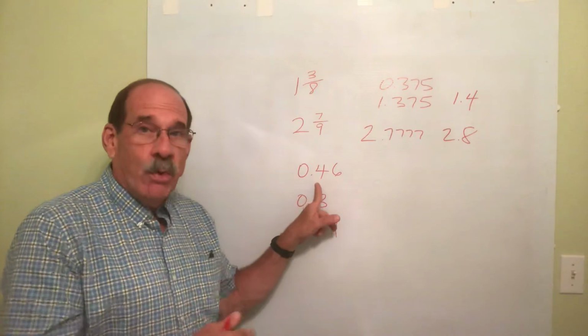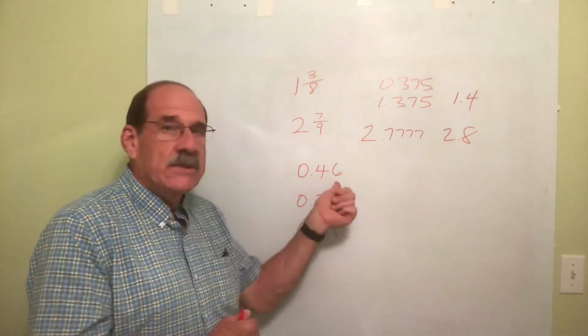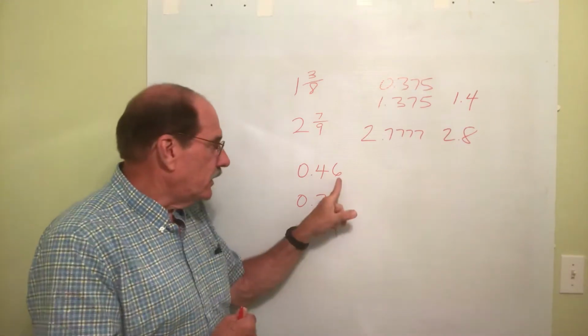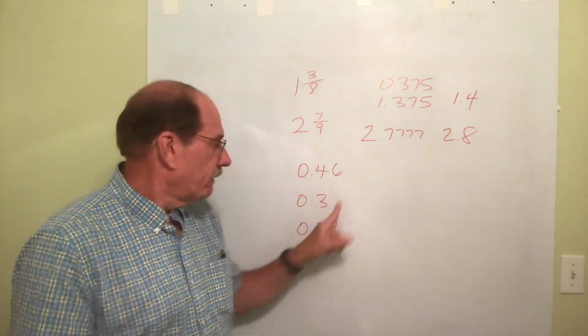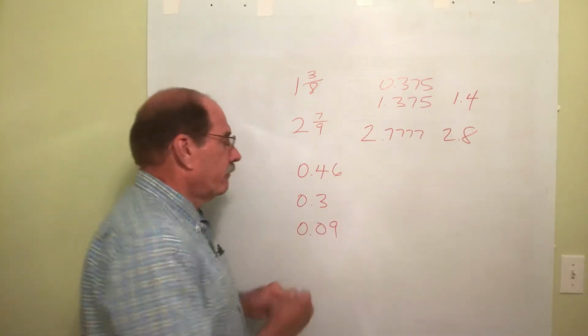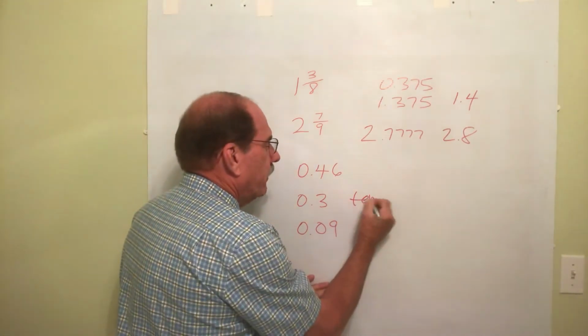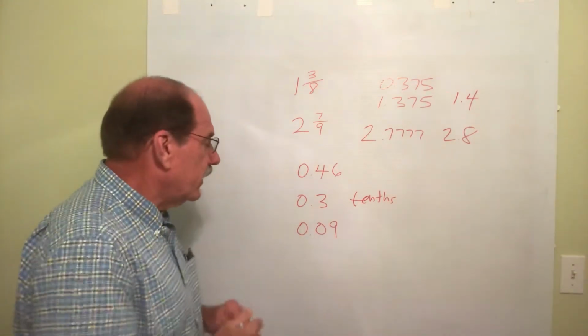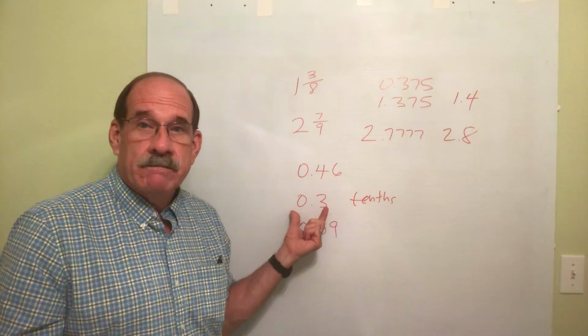Instead of 0.46, I could say 46 hundredths, because this is at the hundredths place. Now the 3 there is on the tenths place. The tenths, that's hard to say. T-E-N-T-H-S, the tenths place. So I could say this is 3/10.